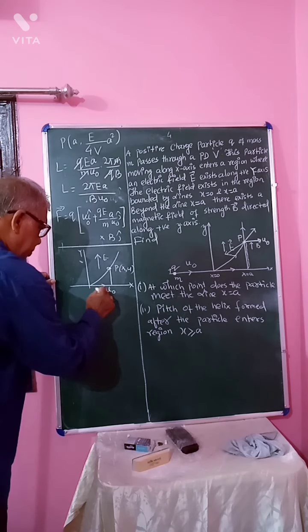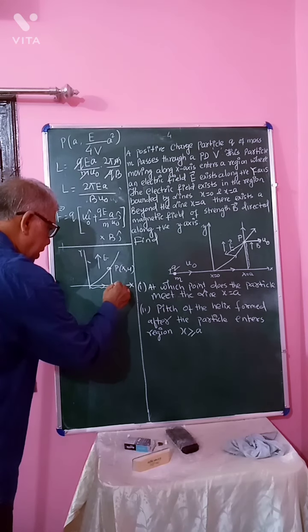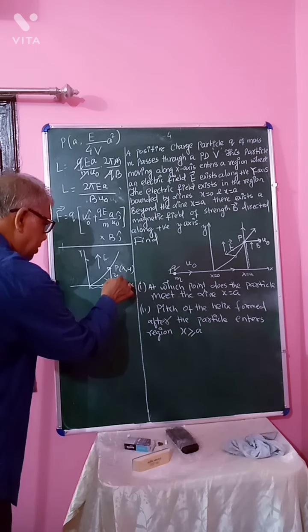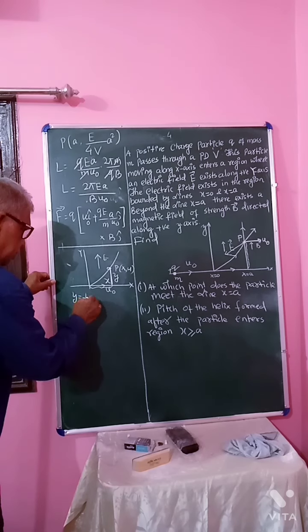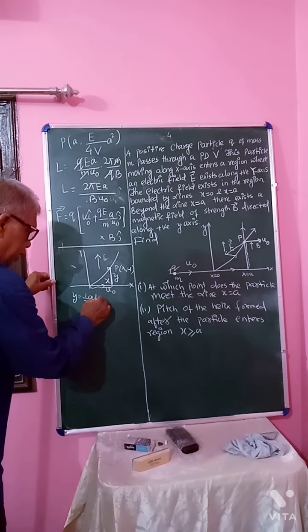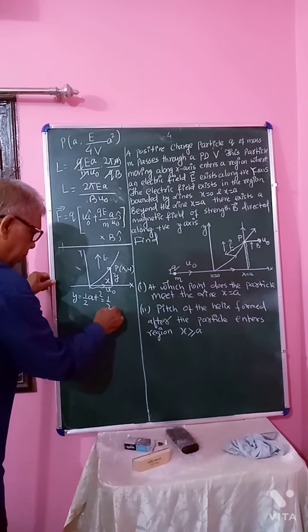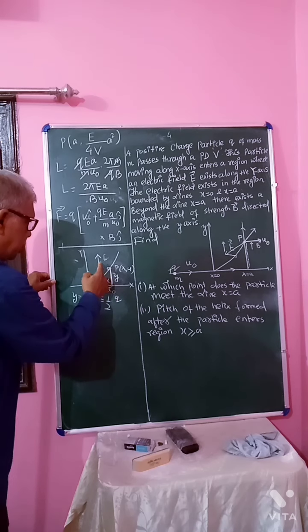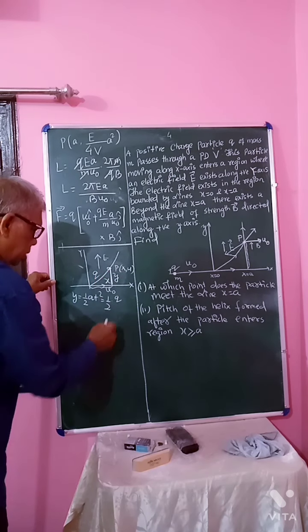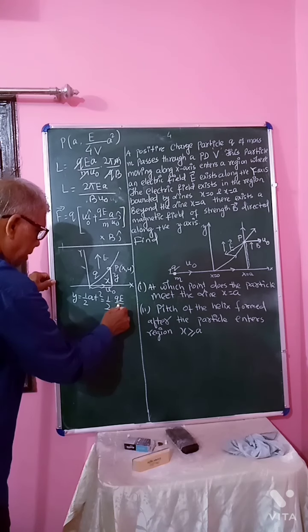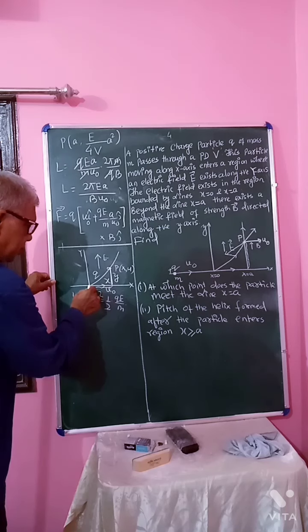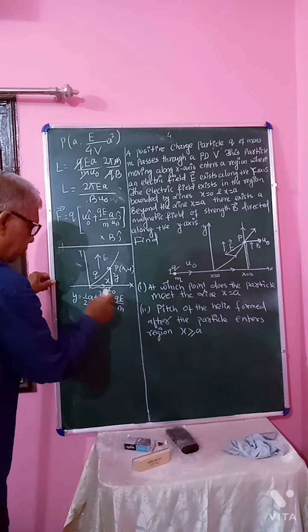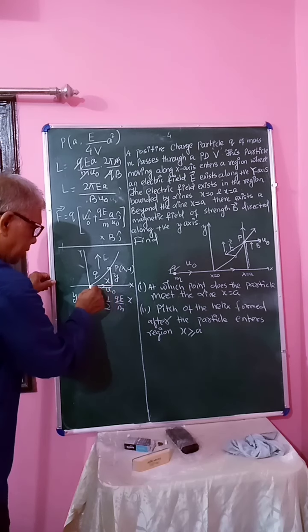Now this distance is x, this distance is y, and y equal to half, because initial vertical motion is 0, y equal to half a t square, and a is acceleration, that is for charged particle q, intensity of electric field E, force by mass is acceleration, and t is the time taken to reach the point P, equal to distance x by u0.